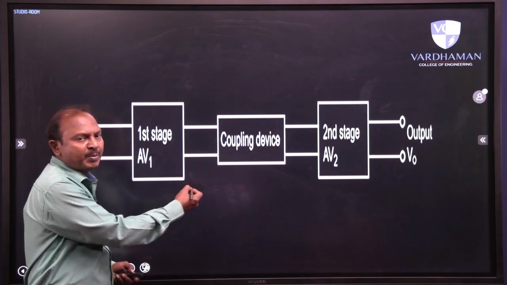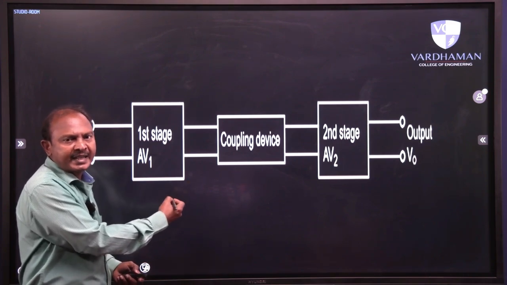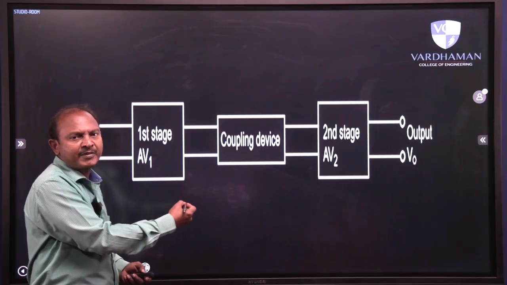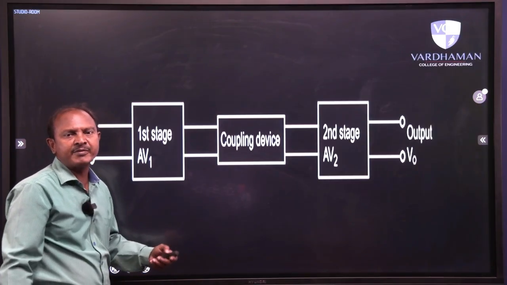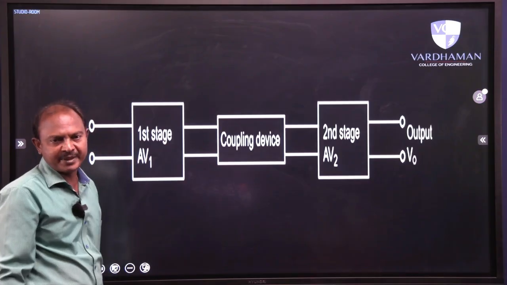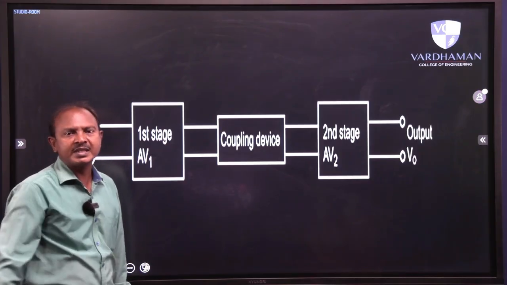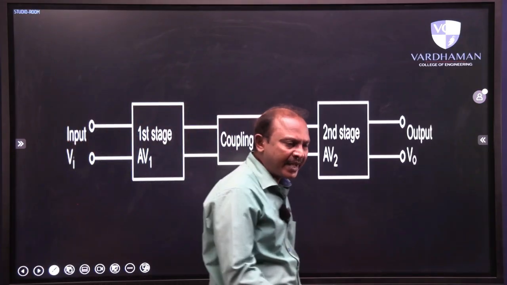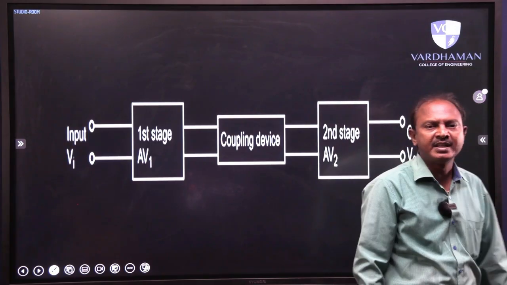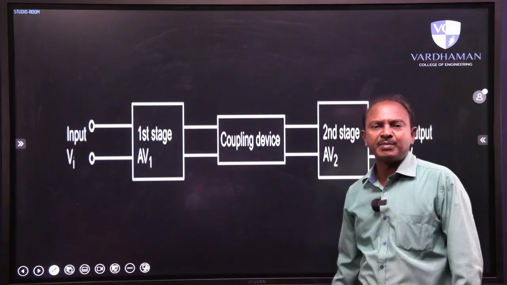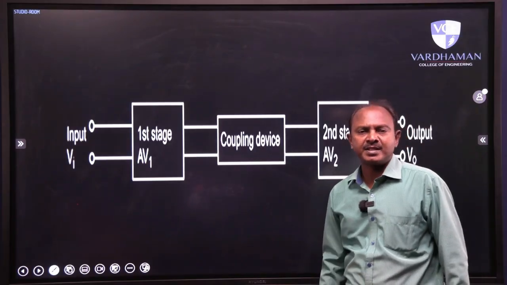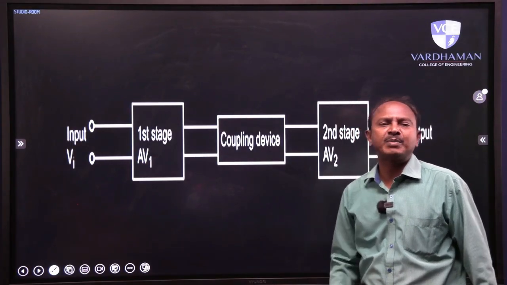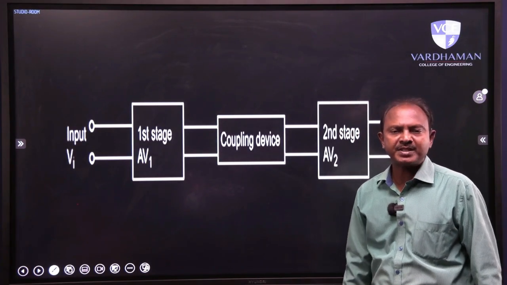So, by means of a coupling device, if you cascade or interconnect two or more stages of amplifiers, the resultant amplifier becomes a multi-stage amplifier. Now, the basic question is why we need a multi-stage amplifier when we already have single stage amplifiers available. The simple answer is that single stage amplifiers are low gain amplifiers.